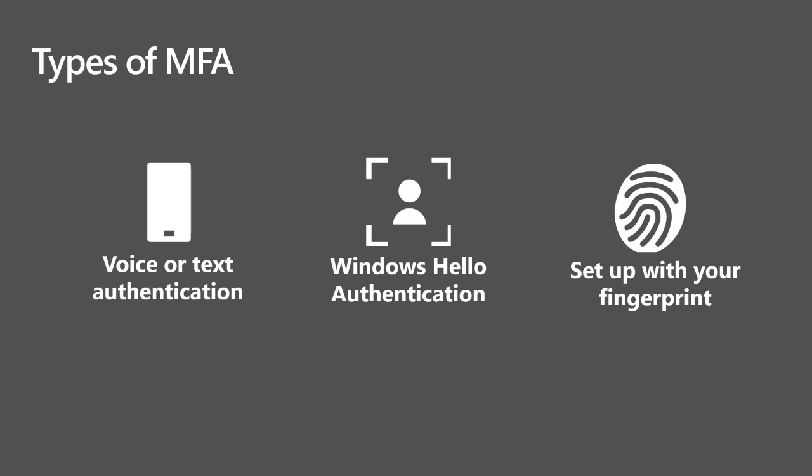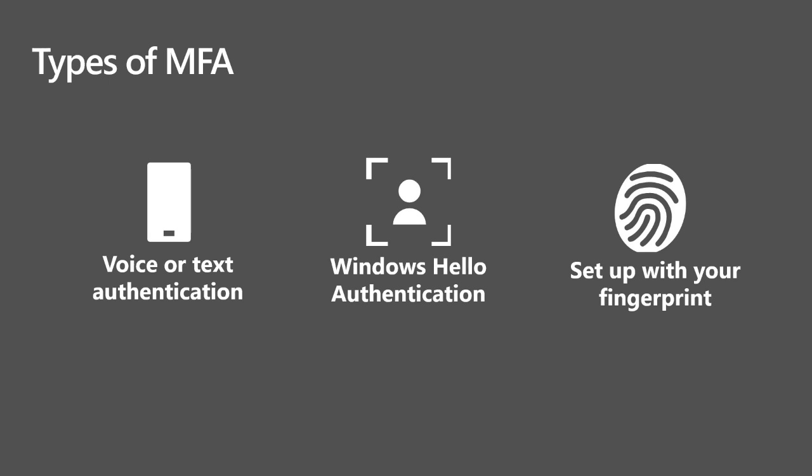Then we have hardware tokens, which automatically generate a one-time password based on open authentication standards from a physical device. Then we've got Fast Identity Online. So sign in without a username or password using an external USB, near-field communications, or other external security keys that support Fast Identity Online.